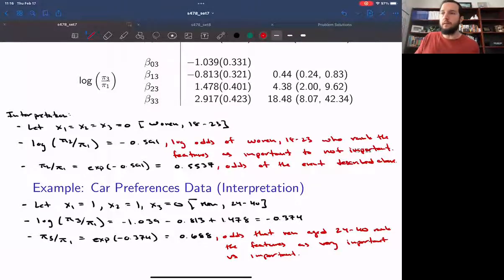In some sense, this would be one of the easiest things that you can draw out of the model, because these are found directly by just plugging in the age group and the gender that is of interest to you, and finding the odds of them ranking either important or very important with respect to no/little importance.